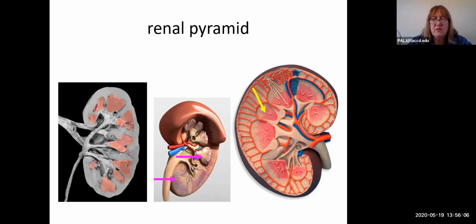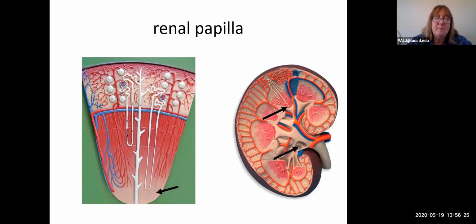And what you will notice is that the points of the pyramids are then pointing towards the renal hilum. So it is wider up by the part closest to the renal cortex and narrower as you get closer to the renal hilum. So the most pointy part, okay, so all of this red area is a renal pyramid.